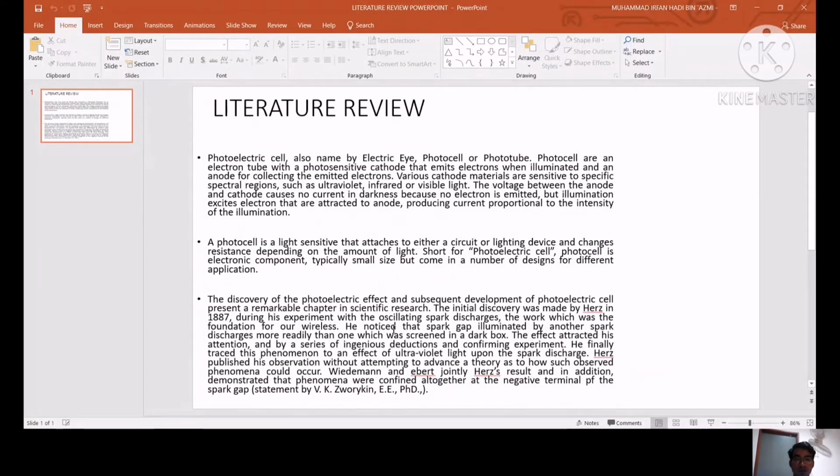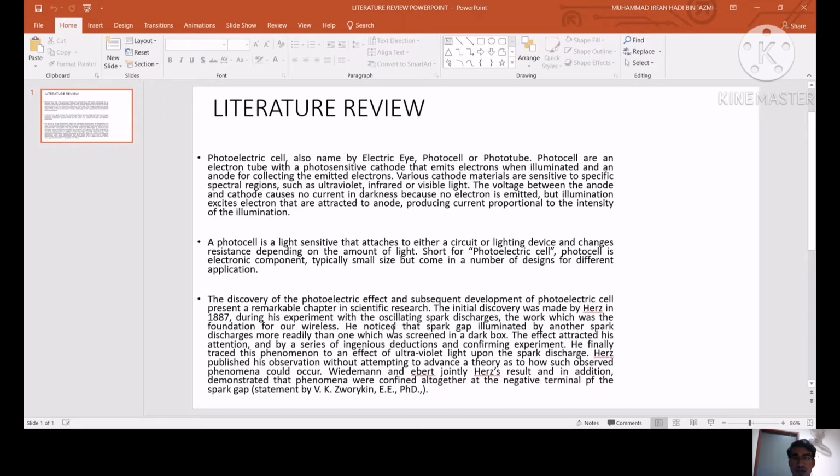A photoelectric cell is also named an electric eye, photocell or phototube. A photocell is an electron tube with a photosensitive cathode that emits electrons when illuminated and an anode for collecting the emitted electrons. Various cathode materials are sensitive to specific spectral regions such as ultraviolet, infrared, and visible light.